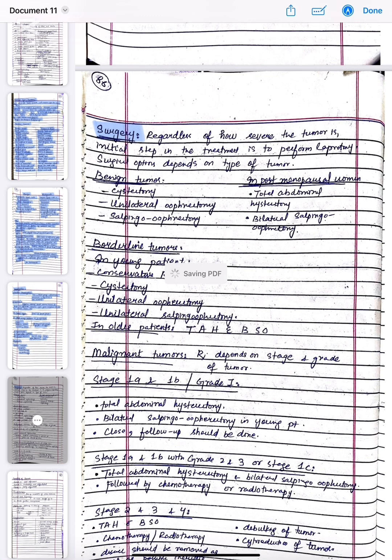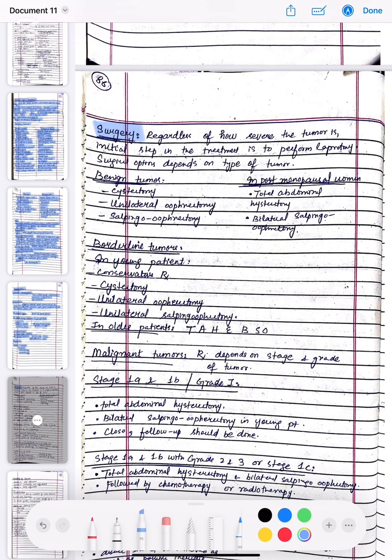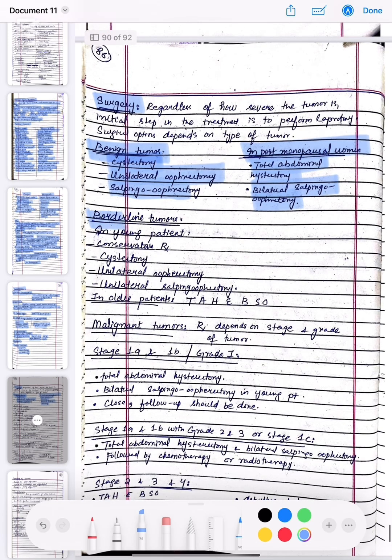Surgical options depend on the type of the tumor. For benign tumors, cystectomy, unilateral oophorectomy, or salpingo-oophorectomy is performed. In postmenopausal women, total abdominal hysterectomy and bilateral salpingo-oophorectomy is performed. For borderline tumors in young patients, conservative treatment with cystectomy, unilateral oophorectomy and unilateral salpingectomy is done.